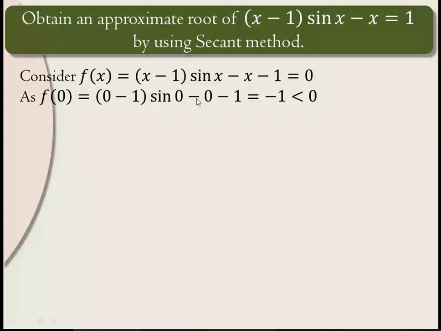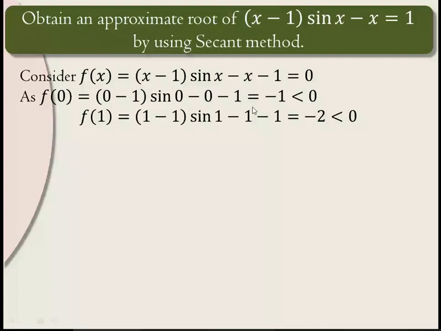Now you can try with plus 1 or minus 1, any term. Checking f of 1: (1 minus 1) into sine 1, minus 1, minus 1. 1 minus 1 is 0, 0 into sine 1 is 0, minus 1 minus 1 is minus 2.